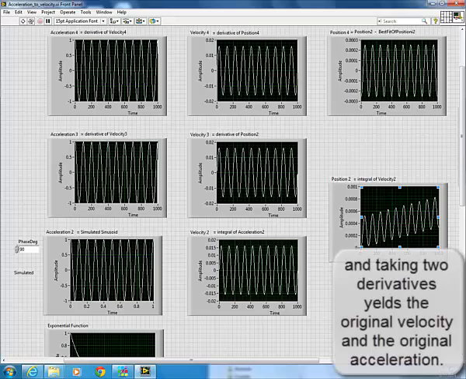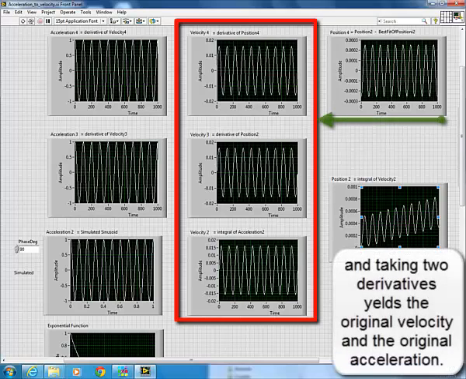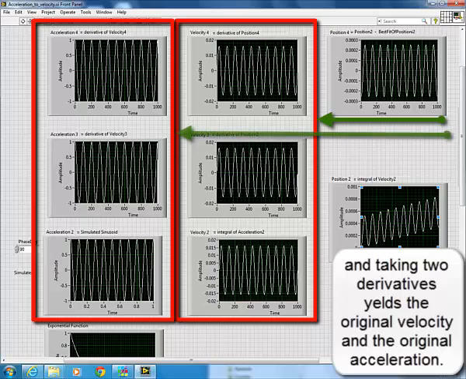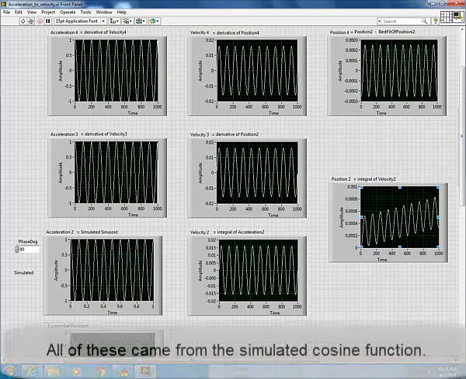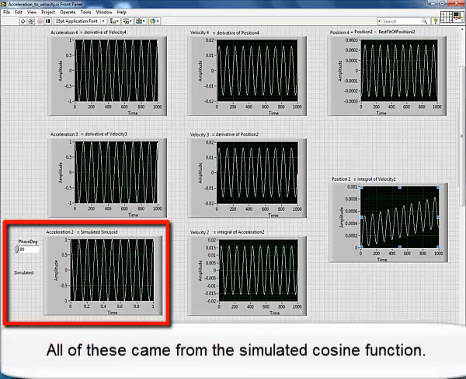And taking two derivatives yields the original velocity and the original acceleration. All of these came from the simulated cosine function.